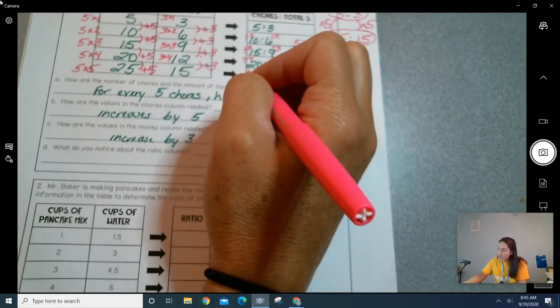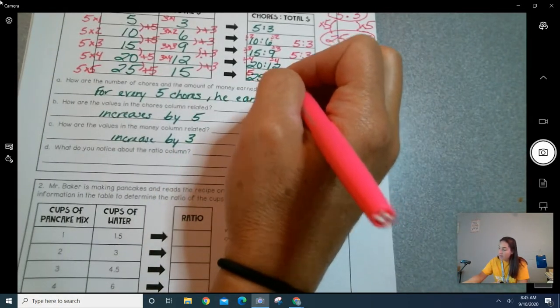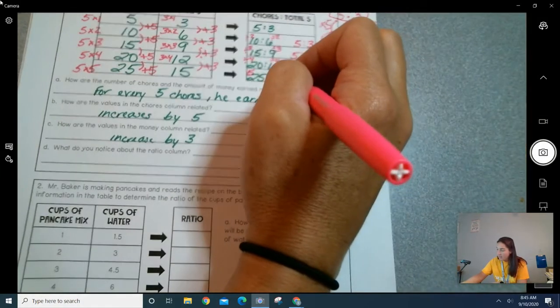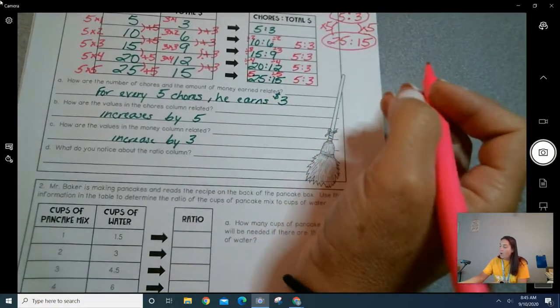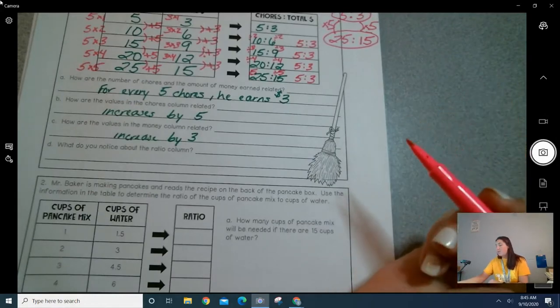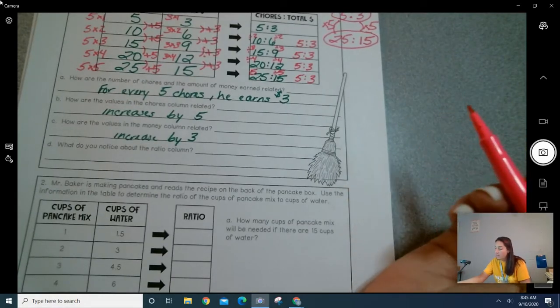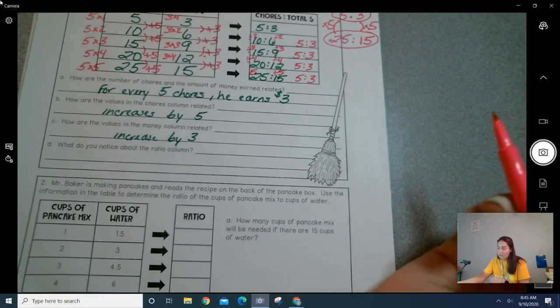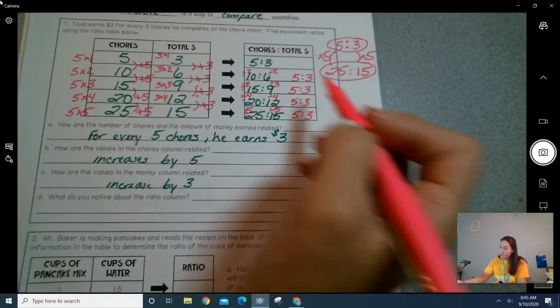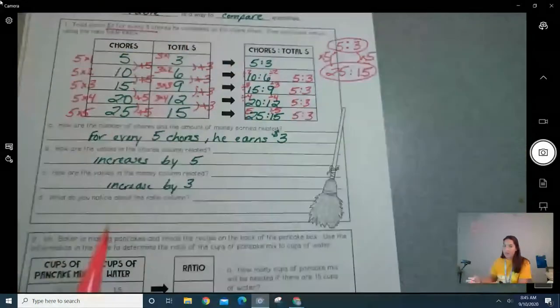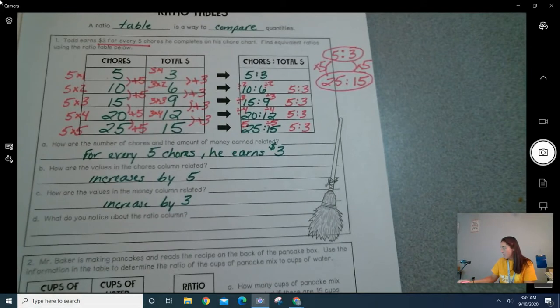And if I take this ratio and I divide by 5, I'm going to get 5 to 3. All of these ratios will simplify down to 5 to 3, which is exactly what we started with. Now, it's not always going to be exactly what you start with, but we always want to simplify our ratios and get them down to the simplest terms.